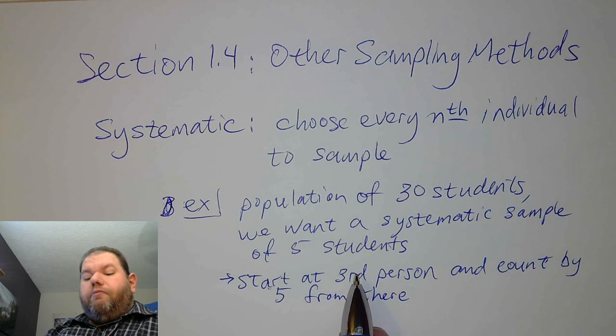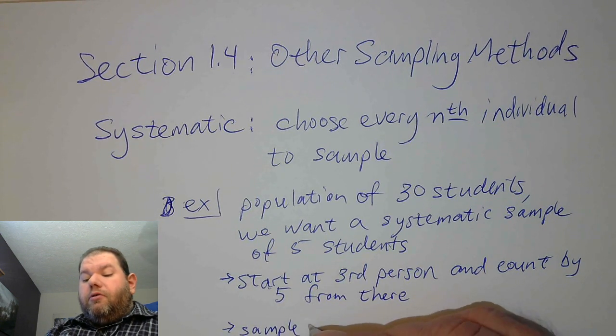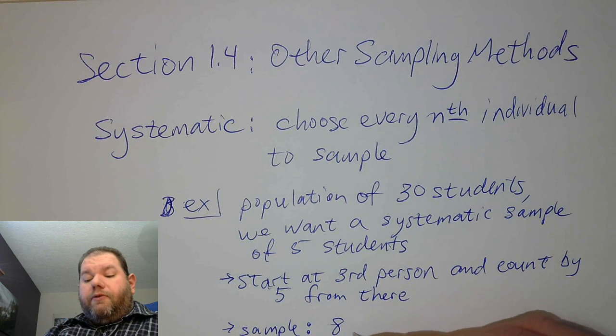So starting from the third person, we count 5 after that, and we would sample the 8th person in the class.